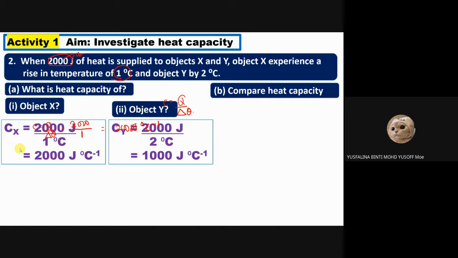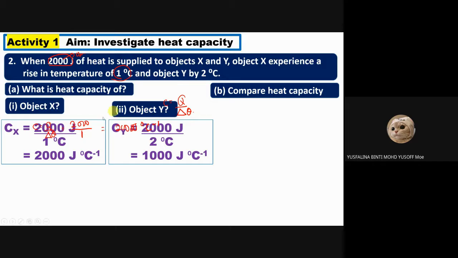So you can see object Y has a lower heat capacity, so it increases the temperature more than X. So the lower the heat capacity, the higher the change in temperature.